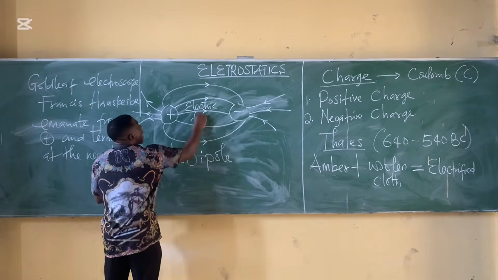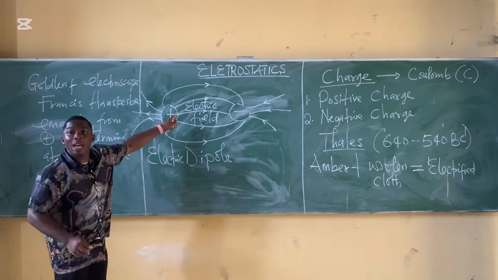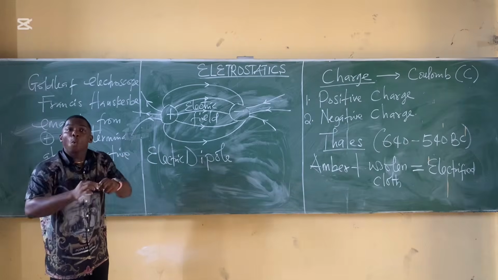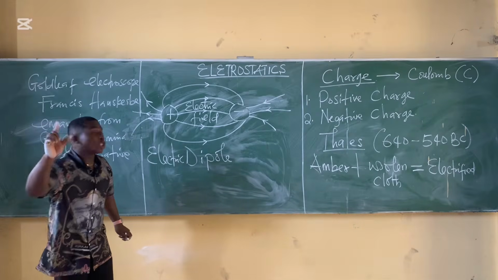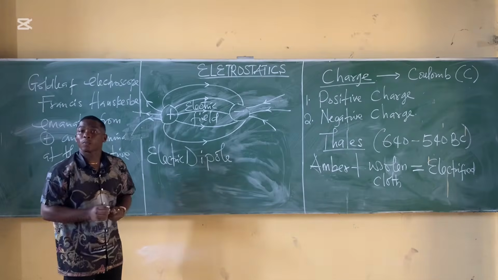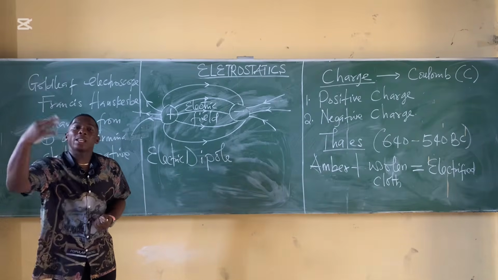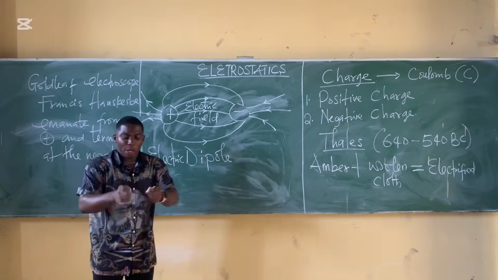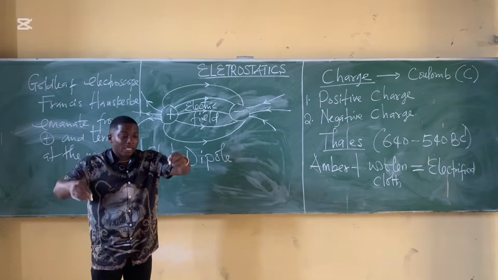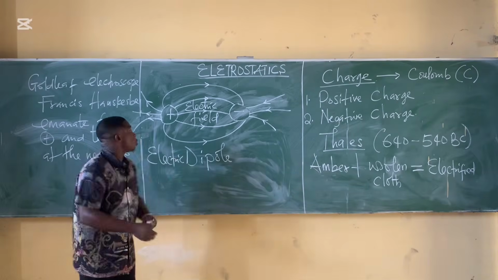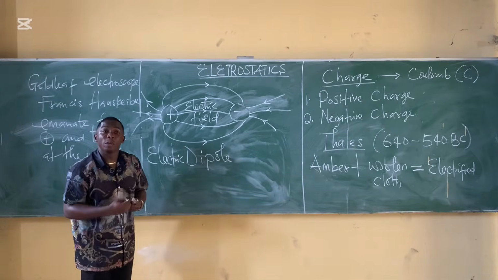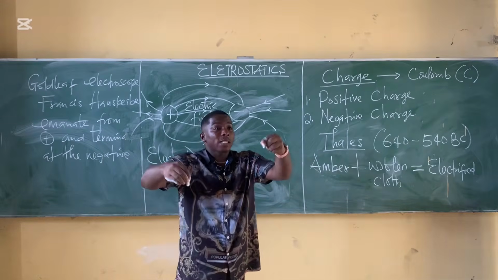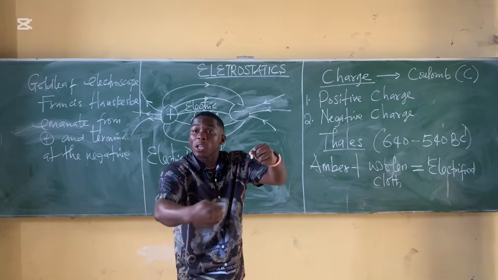Whenever you have a positive and a negative charge held at a distance, what you successfully created is called an electric field. In the presence of an electric field, there must be an electric force. When you have a magnet and a magnet placed side by side, you have a magnetic field.